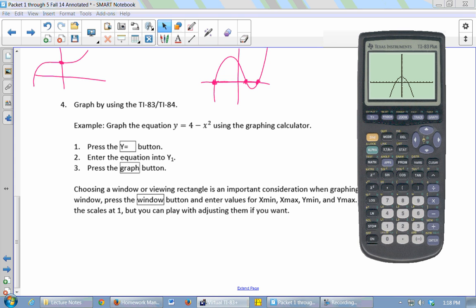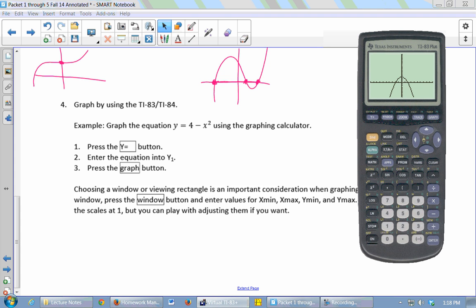This may not be the best viewing rectangle to look at this graph with. The coordinate plane is infinite. The origin's at the center, but it goes in every direction infinitely. My calculator screen is really small. It's not infinite. So I have to decide where in this infinite plane I want to look.